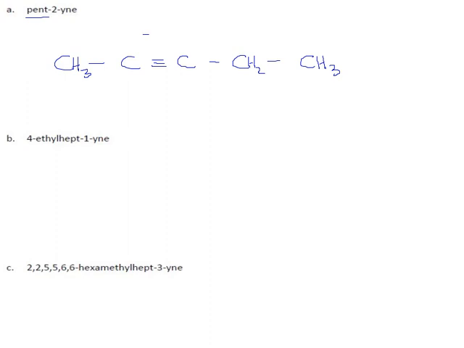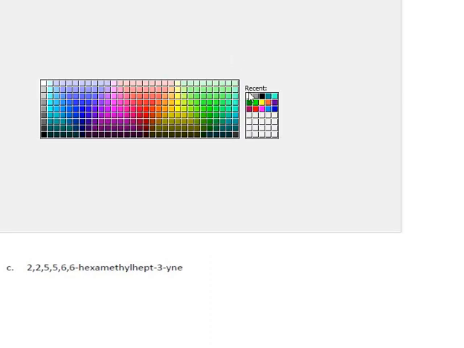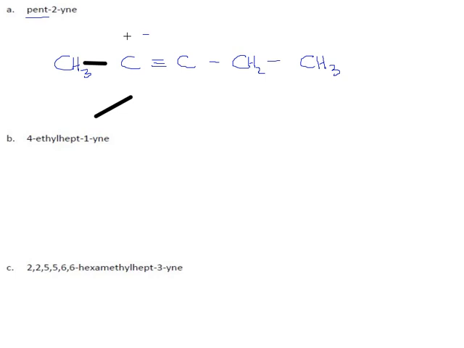Now, if you want the line structural formula, that would have a single bond. There we go. Then it would have a triple bond. And the line structure becomes, you draw a triple like that.